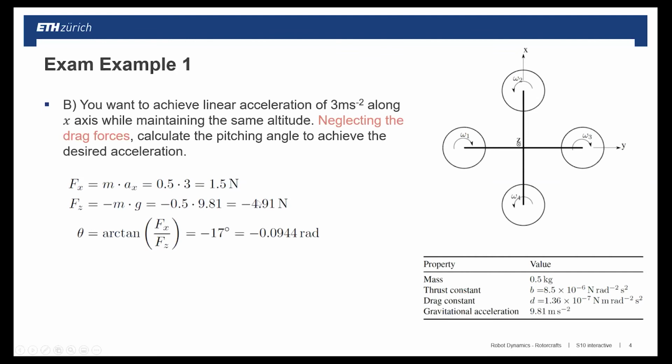This means that you want to hover and you don't want to change in z direction, which is equal to the mass multiplied by g. Then the angle for this acceleration is given by the two forces: the arctan of the force in x direction to the force in z direction is equal to the pitching angle, which is asked in this example.